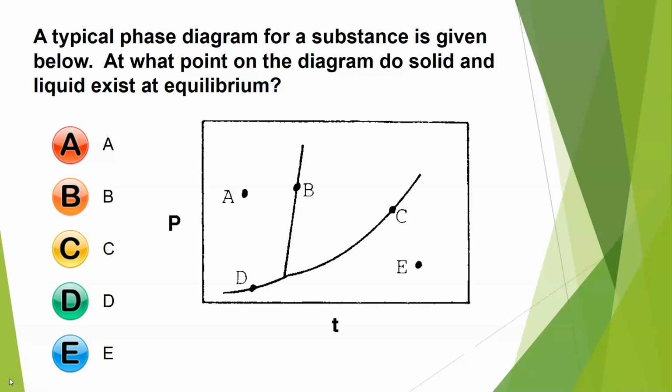One of the things I always suggest is that you take 5 seconds and you actually label the regions before you attempt a problem like this. So I'm going to say, okay, at a cold temperature down here, this is going to be my solid. If I warm it up, it turns into a liquid. If I lower my pressure, they can spread out.